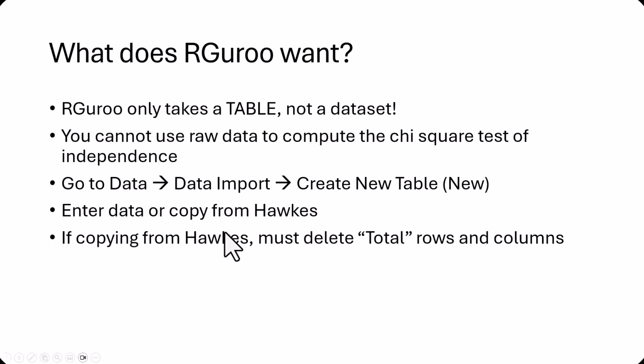If your online learning platform has total rows and columns, you have to get rid of them first before you save your table. And again, if you don't save your table, just like you have to save all your data sets, then it won't be able to find that table when you go to do your analysis.